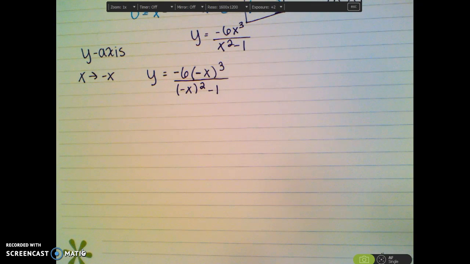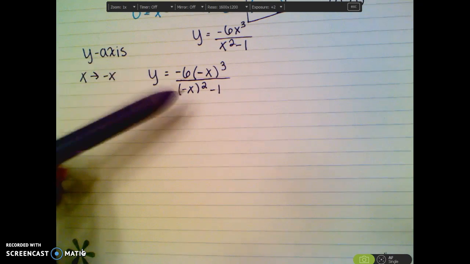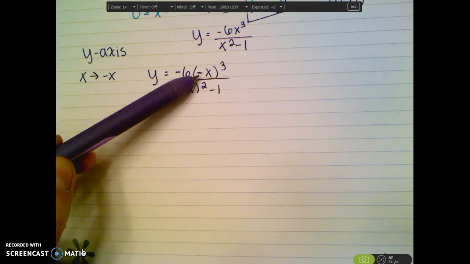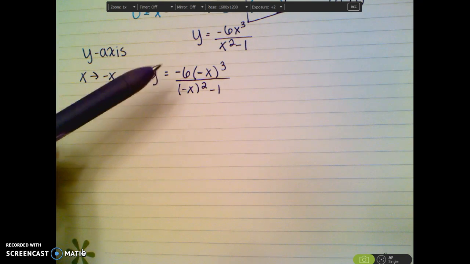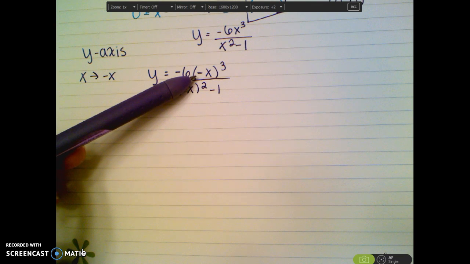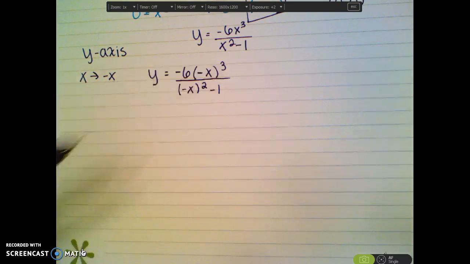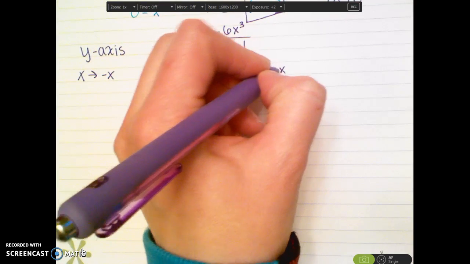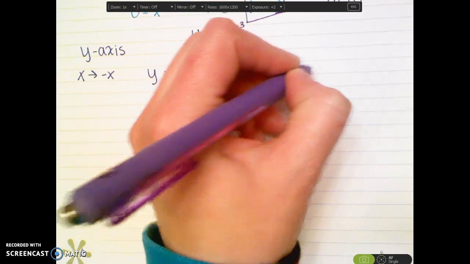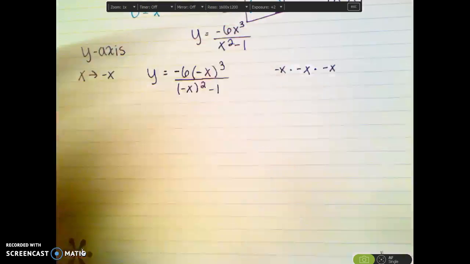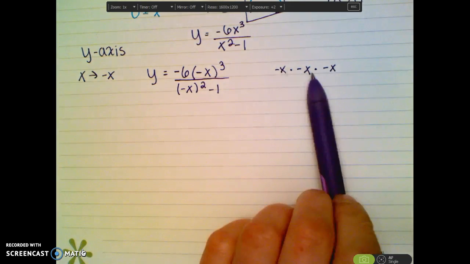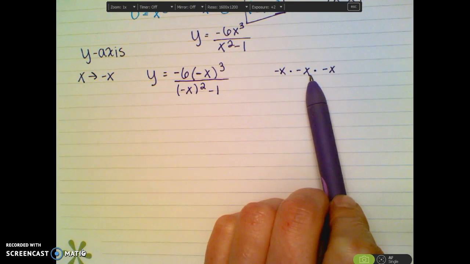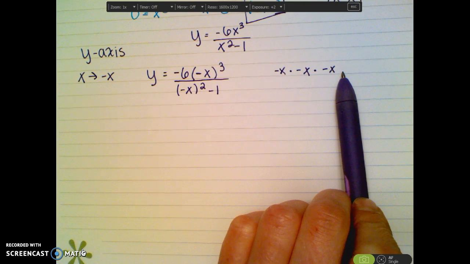Okay. So now you want to, quote unquote, simplify your x's. If we have a negative x cubed, we have a negative x times a negative x times a negative x. So a negative times a negative is a positive, and then a positive times a negative is a negative.